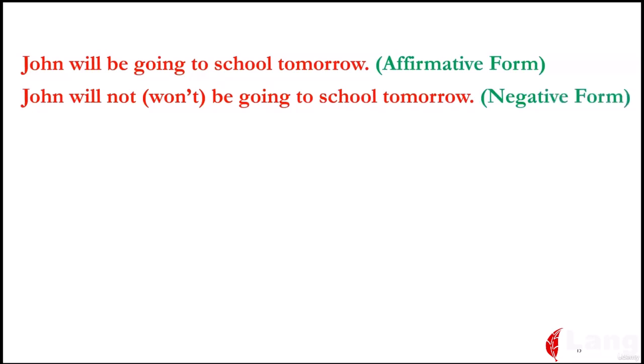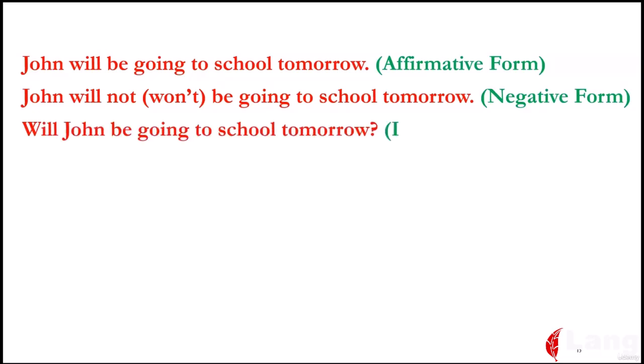We can use the contraction won't instead of will not. So you can say John won't be going to school tomorrow. The interrogative form is will John be going to school tomorrow?